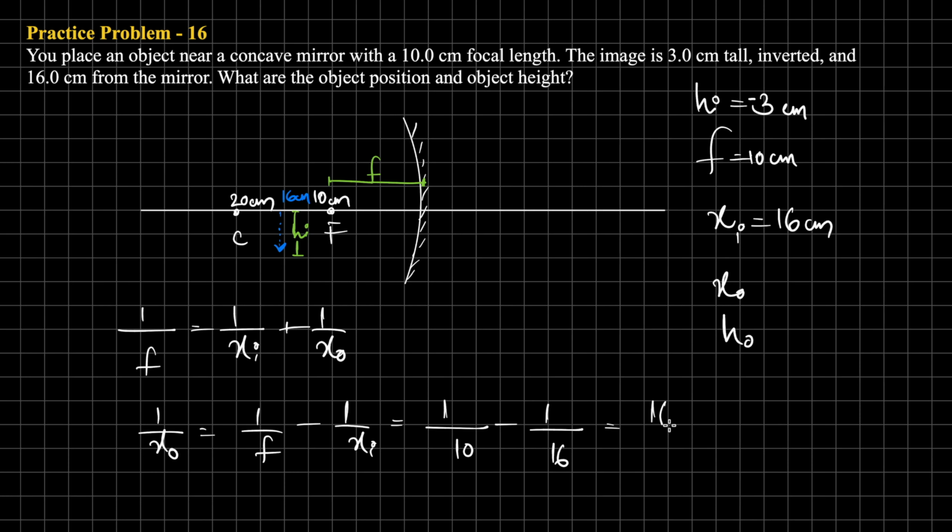Cross multiply, 16 minus 10 over 16 times 10. 6 over 160. That is 1 over xo. Xo should be 160 over 6, 26.6 centimeter.